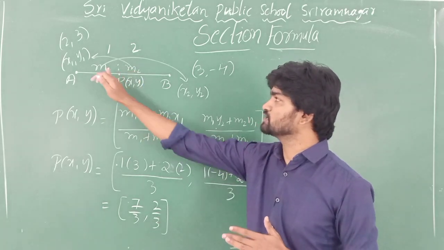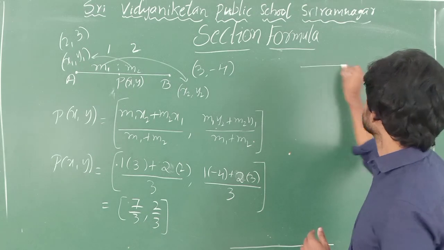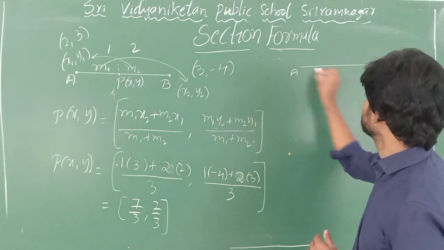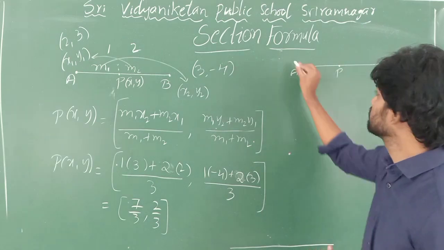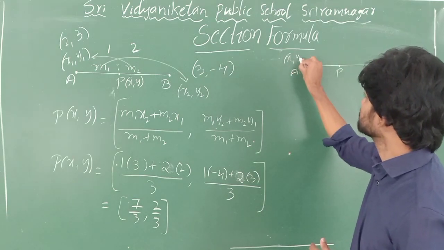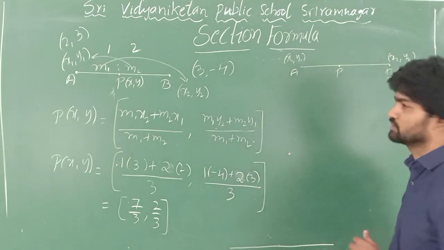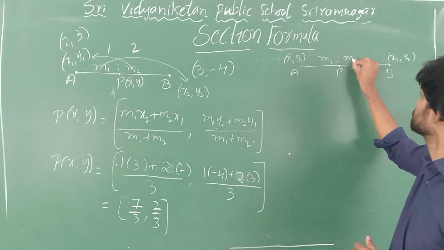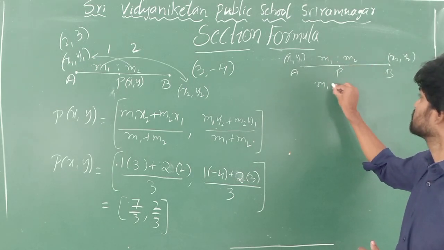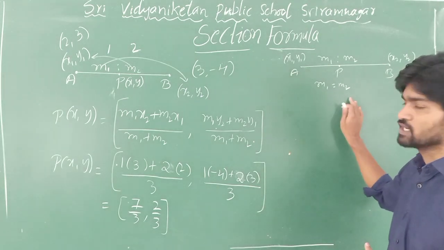Now, if M1 equals M2, what happens? See, this is line segment AB. Here I have point P. A is (x1, y1) and B is (x2, y2), dividing in the ratio M1 is to M2. Let us assume that M1 equals M2.